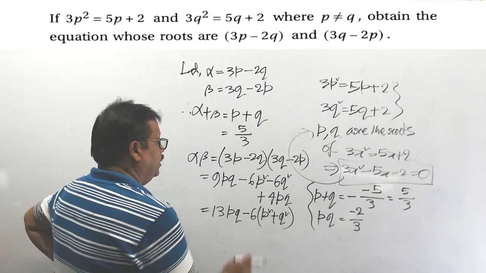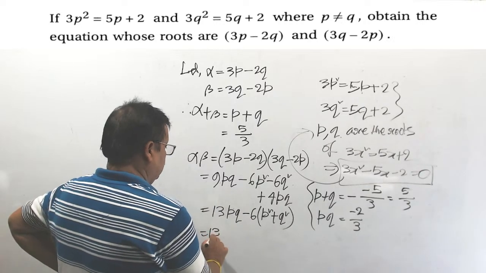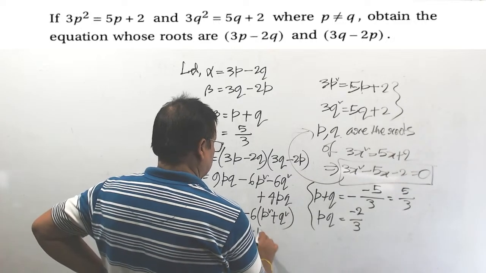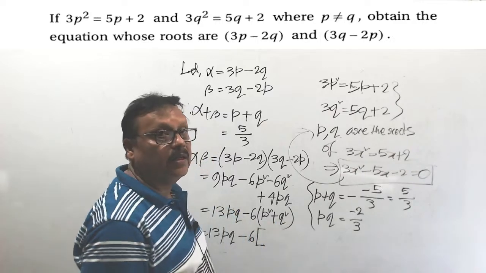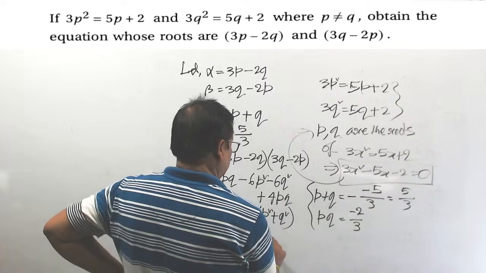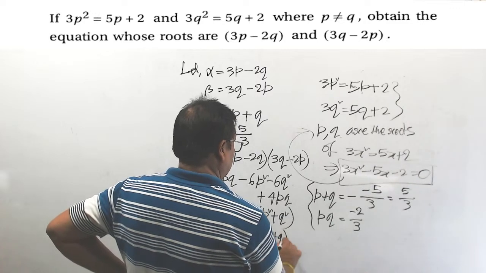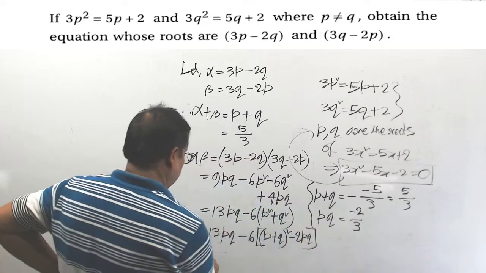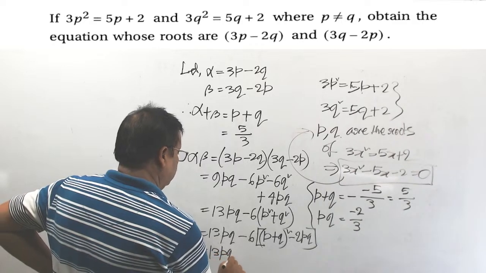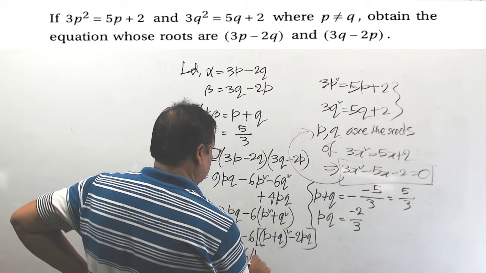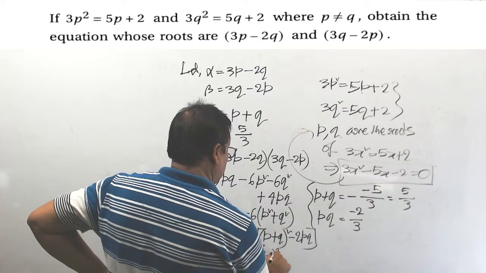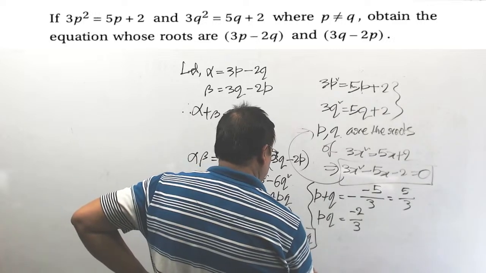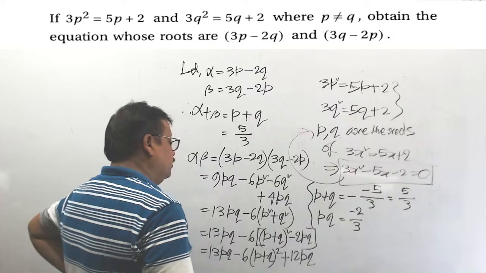Understood? Take common minus 6. Now 13pq minus 6 into p square plus q square, that is p plus q whole square minus 2pq. Understood? 13pq minus 6 into p plus q whole square, minus minus plus 12pq. Understood?